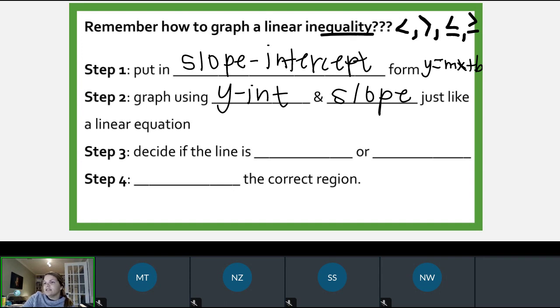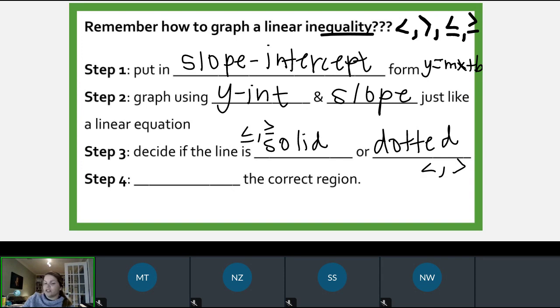All right, then we're going to decide if the line is a solid line, which would be less than or equal to, greater than or equal to, or if we're going to be using a dotted line, which would just be less than or just greater than.